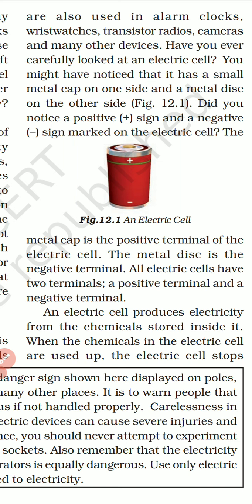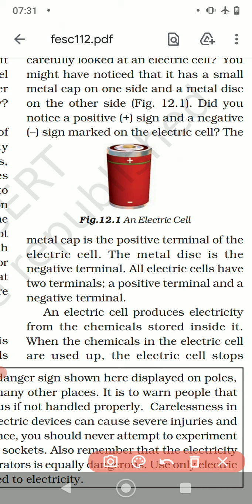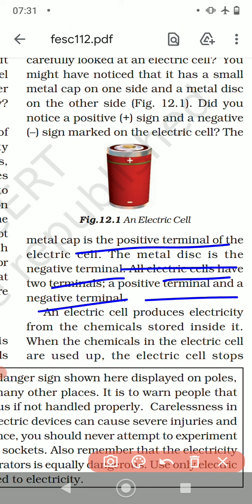Electric cells have two terminals, a positive terminal and a negative terminal. Please underline: the metal disc is the negative terminal and the metal cap is the positive terminal. All electric cells have two terminals, a positive terminal and a negative terminal.